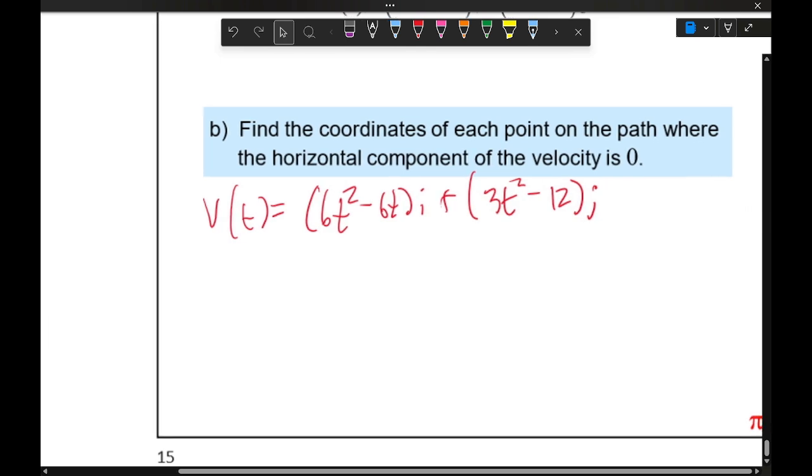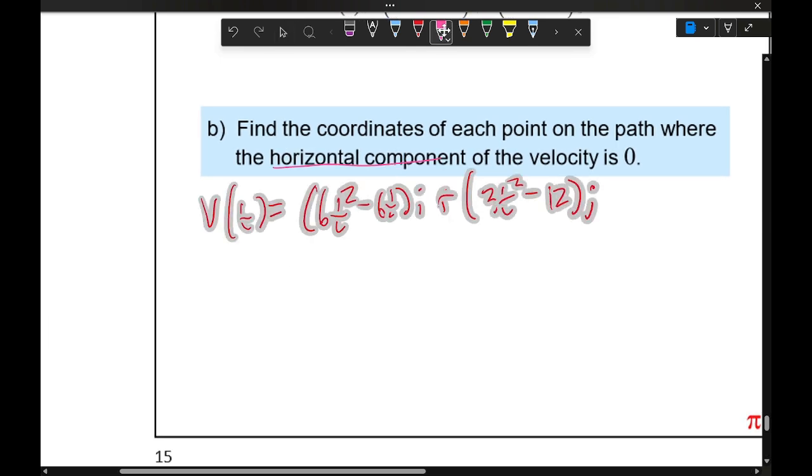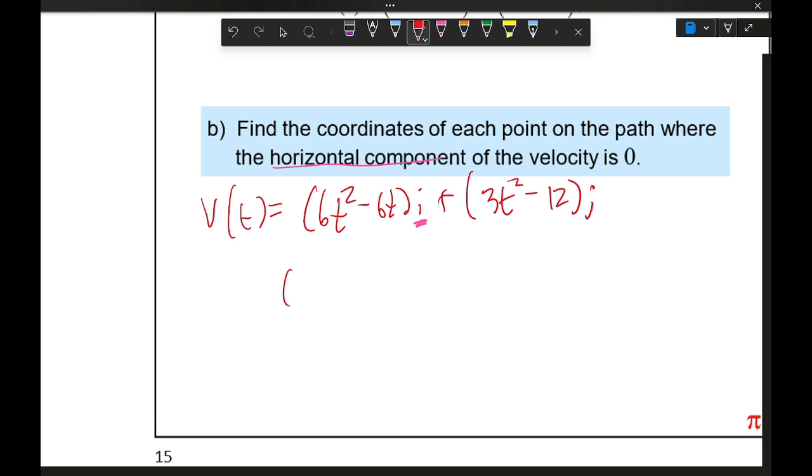And then from that, because we need to find where the horizontal component is 0, we only are concerned about this i term. So we just set that equal to 0, 6t squared minus 6t equals 0, so t minus 1 equals 0, and then we get that t equals 0 and 1.